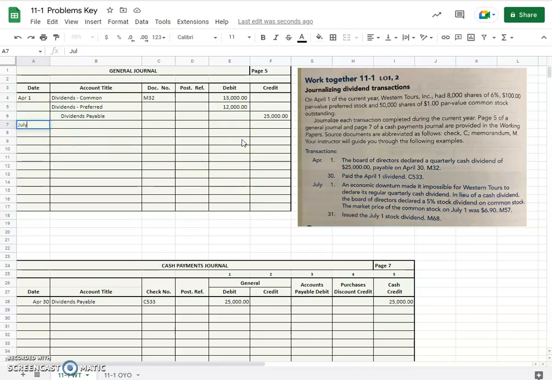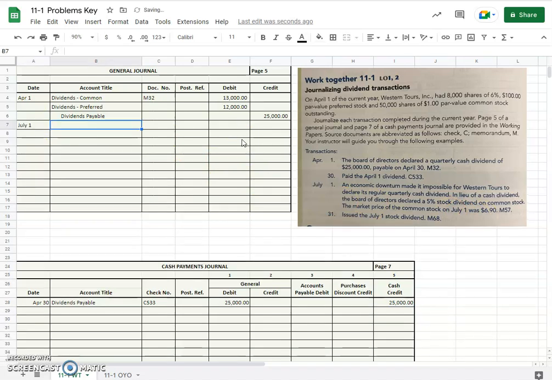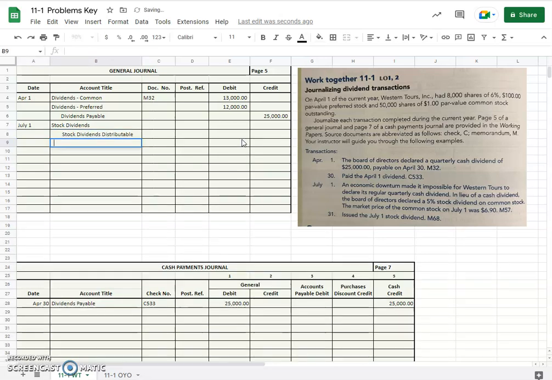We will, on July 1st in our general journal, have a debit to stock dividends, right? And we'll have a credit to stock dividends distributable. And we'll have another one to paid in capital in excess of par value common.